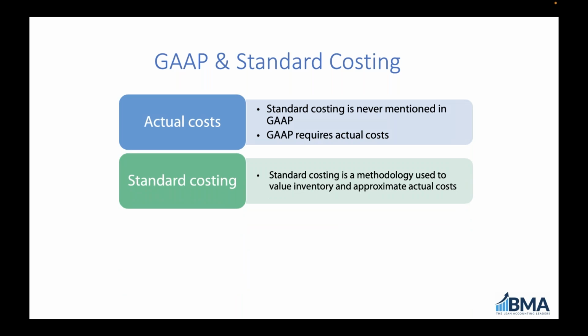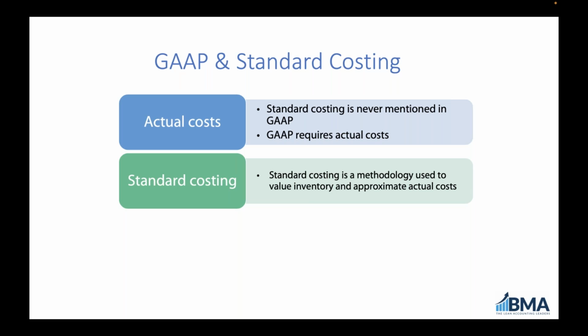Standard costing is just a method to approximate actual costs. You set standards and you monitor them closely to try to get them to approximate actual. That's all that standard costing is. And like I said, it pretty much runs itself based on production reporting and products that are shipped.